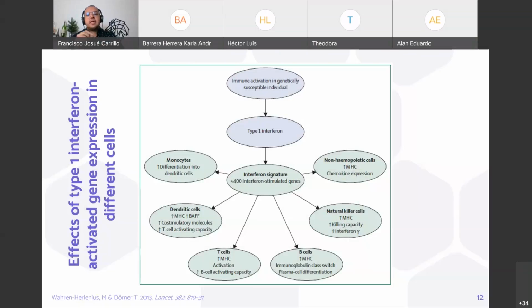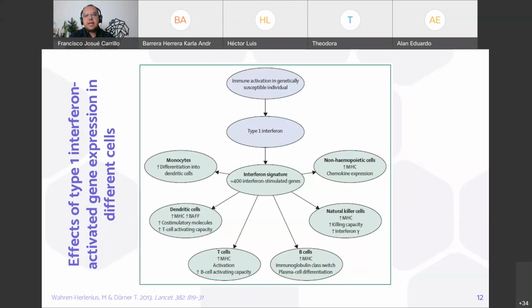As you may see, this diagram shows the effects that could be developed when an individual has a genetic susceptibility combined with environmental factors.